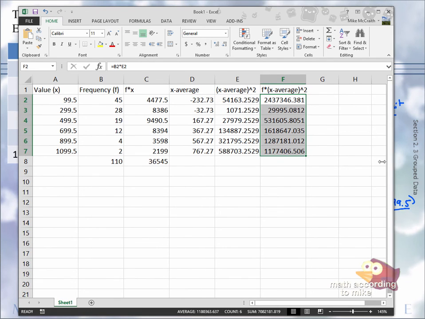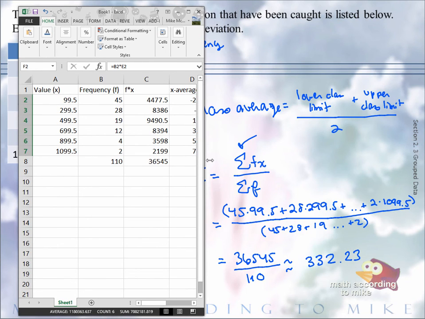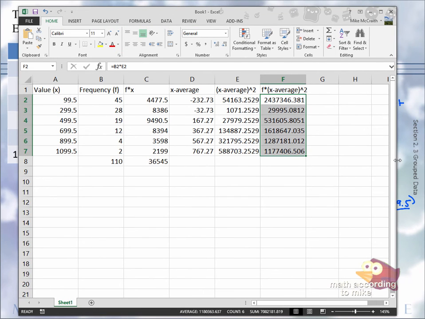As we did before, we need the sum of this to be the numerator of our standard deviation. So while that column is highlighted, except for that first cell there, click on the sum key, and you get this fantastic, glorious number.